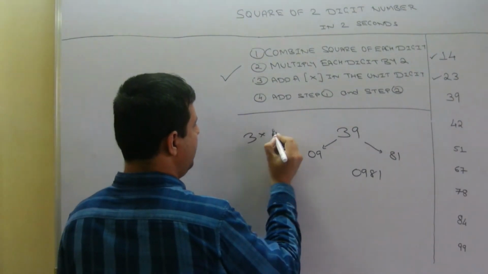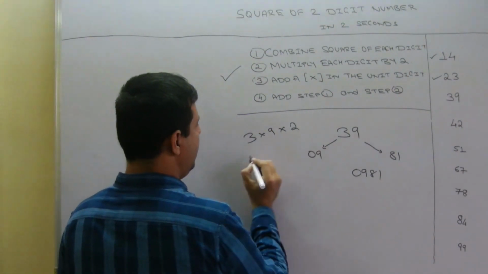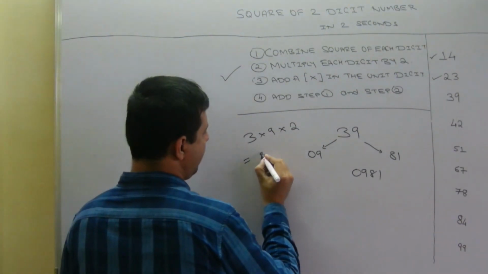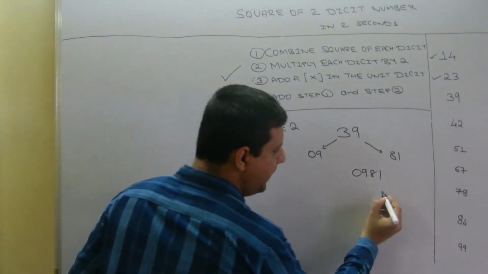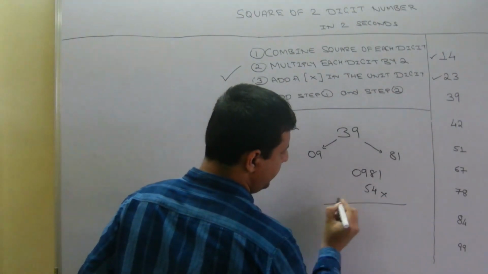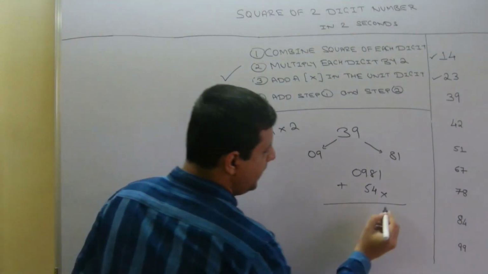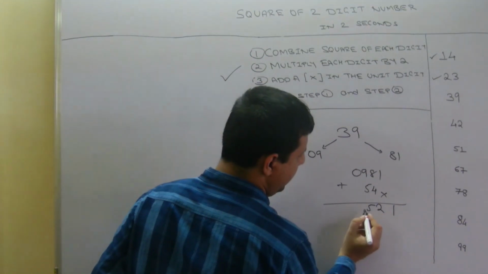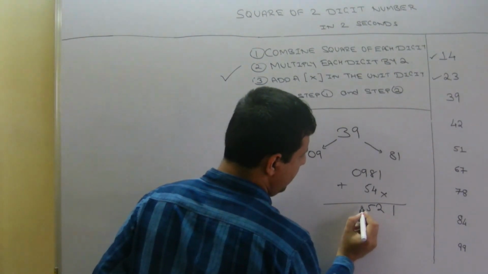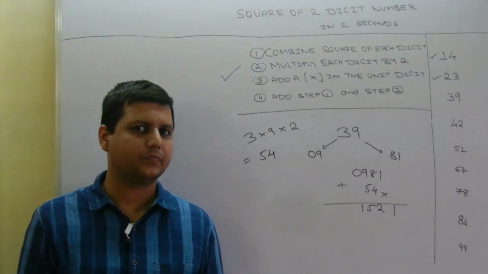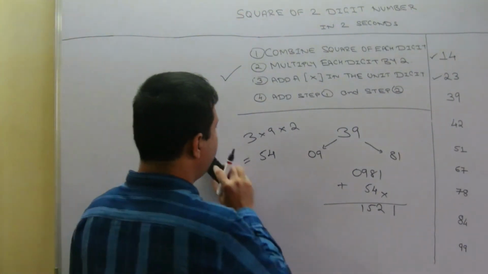So we have 3 into 9 into 2, which will give me 54. So leaving the unit place, write down 54 over here and adding them, we get 1521. Isn't that easy? Let's move on to the next sum.